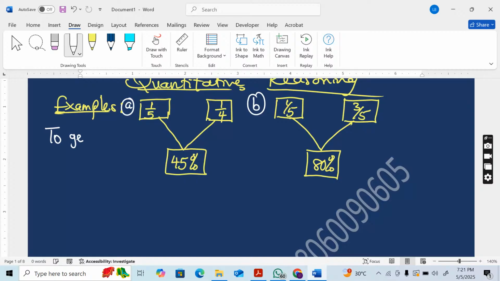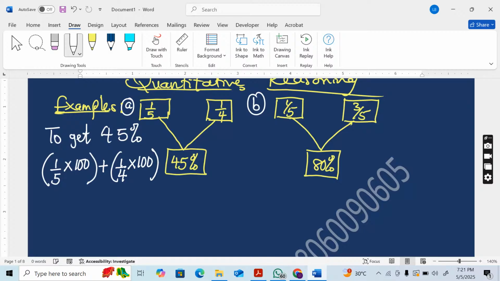Pay attention to my screen. To get 45%, we change the first fraction to percentage. Watch me. I'm opening a bracket. 1/5 times 100% plus the second fraction in example A, 1/4, you multiply by 100%. We're going to add them together.